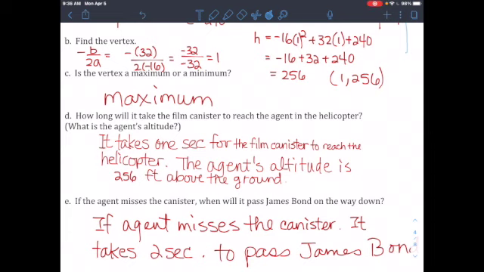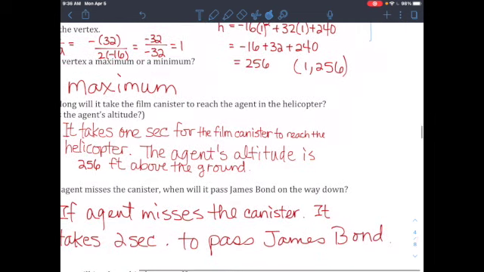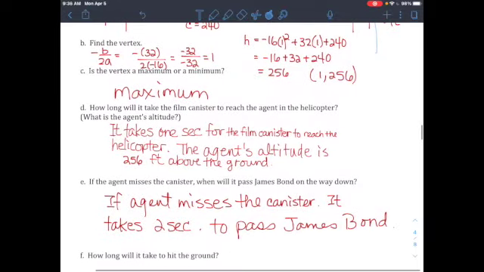The next part says, if the agent misses the canister, when will it pass James Bond on the way down? Since James Bond was the one that threw it up, it has to come down. Because there's a symmetry line, it takes 1 second to go up to the helicopter, so it also takes another second to get back down, because they are symmetrical.